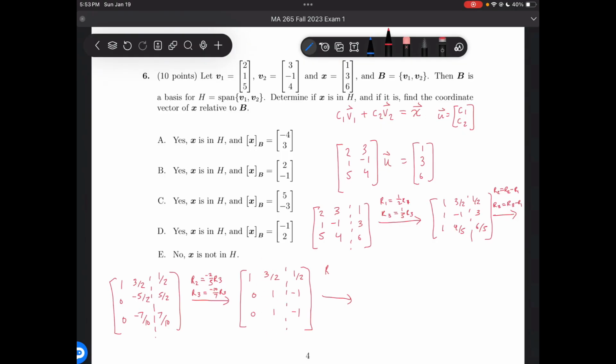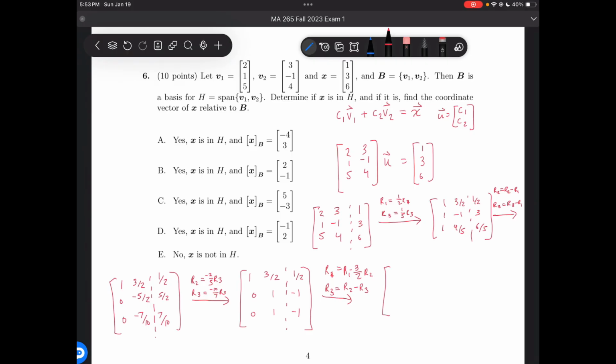So how I'm going to do that is I'm going to subtract 3/2 of row 2 from row 1. So row 1 equals row 1 minus 3/2 of R2, and I'm going to subtract row 2 from row 3.